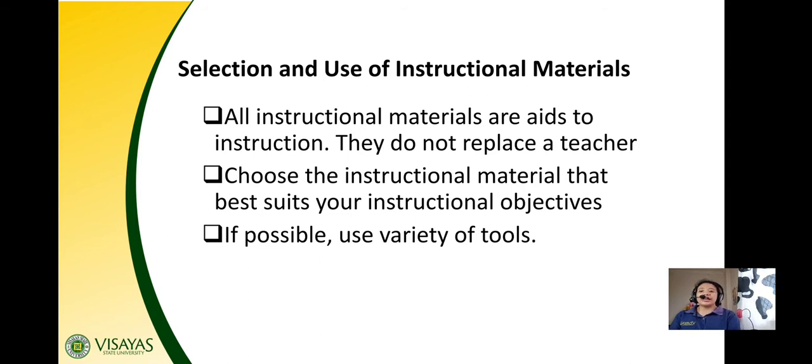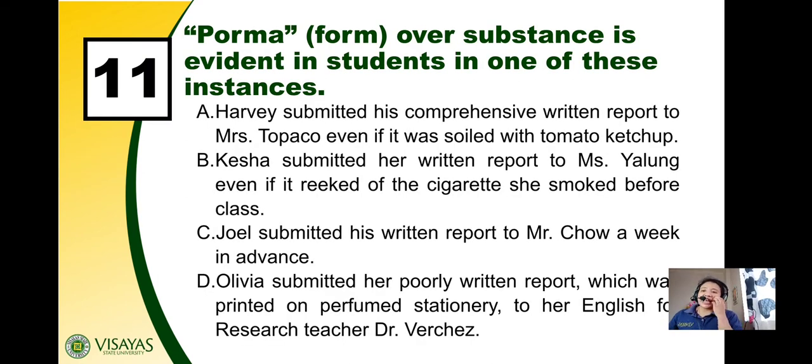Then the last one, if possible, use a variety of tools, because we all know that we have different types of learners. They have different learning styles, multiple intelligences. So we can use PowerPoint, we can use videos, we can use recordings, or even printed materials. Iba-ibang klaseng tools, iba-ibang klaseng instructional materials for iba-ibang klaseng learners. So, that's for number 10.